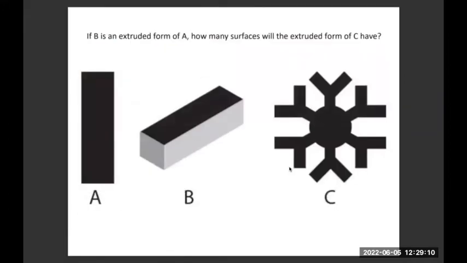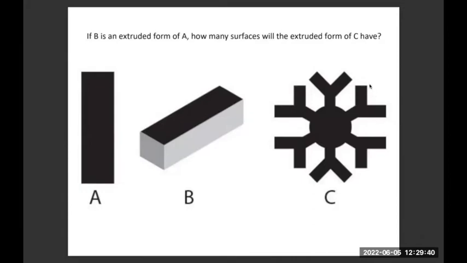Okay, we'll move to the next one, which is this. Here, what is given is a shape which is given as A. And when this shape is extruded is when a shape is made 3D. So when extruded, when made 3D, where a vertical dimension, a z-axis, gets added to the 2-dimensional shape, you get a cuboid, which is the form B that you see here.